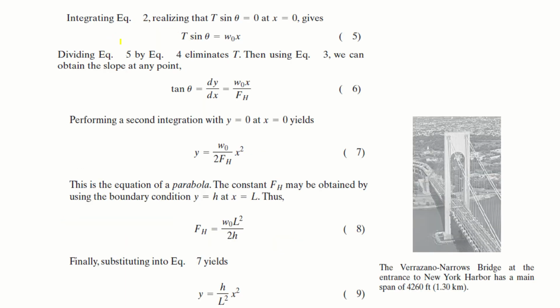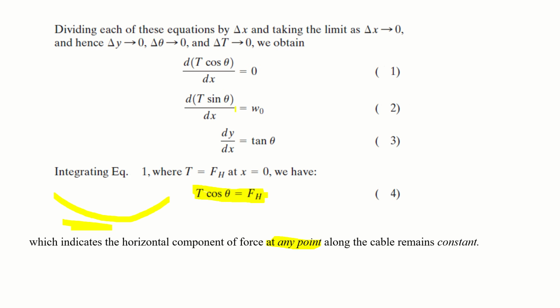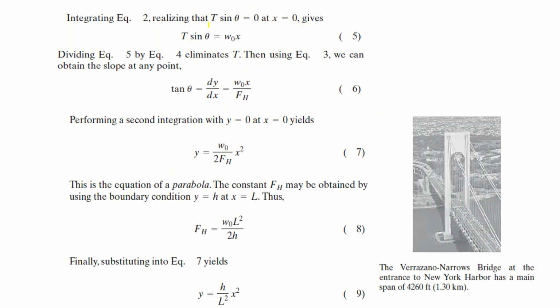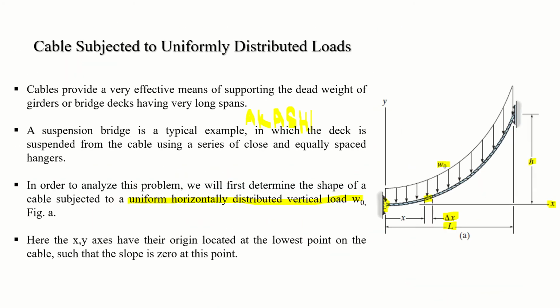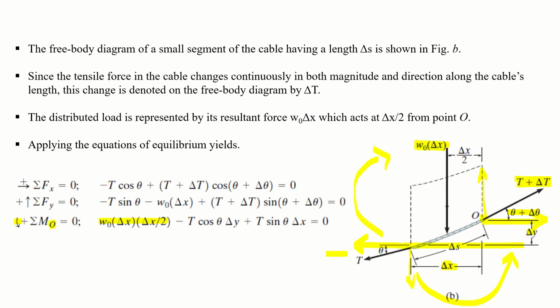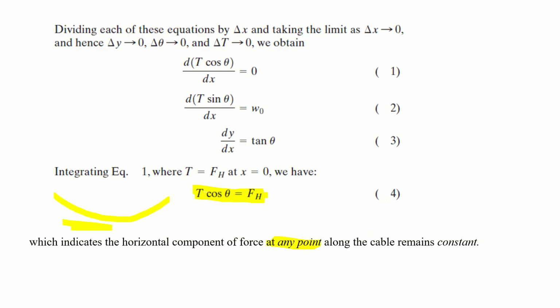Now, integrating equation 2, just integrate it, realizing that T sine theta is equal to 0 at x equal to 0. So it says that here all the force is the cos component. So sine theta is equal to 0 at x equal to 0, since theta is equal to 0, and when theta is equal to 0, the sine is also 0.